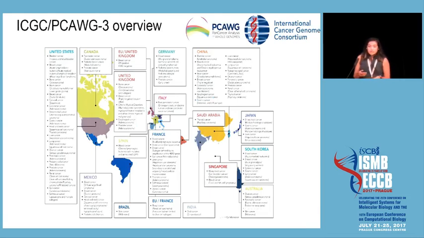This project is done as a large collaborative work through the International Cancer Genome Consortium and specifically PCAWG, which focuses on RNA-seq that has matched whole genome. This is from many different countries, many different cancer types.